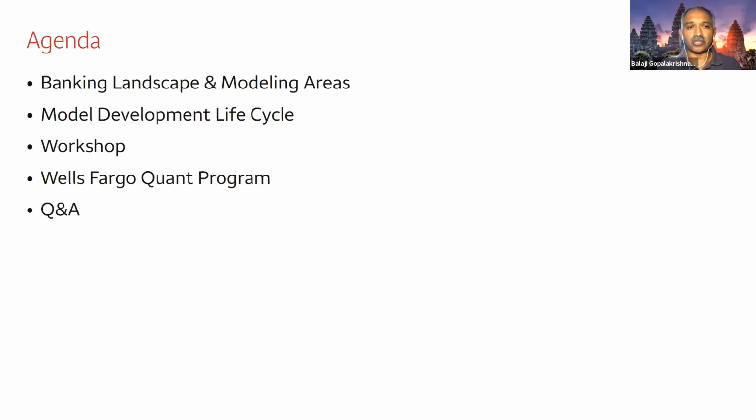After that, I will talk about the model development lifecycle, which is the core topic of today's presentation. I will also talk a little about the operating model. An operating model is something that is used to execute on something. So how do you execute on the model development lifecycle? That's also something I will be talking about today.